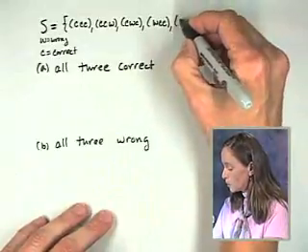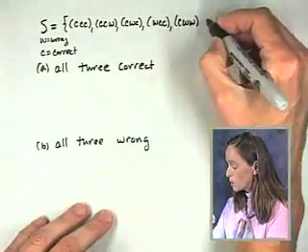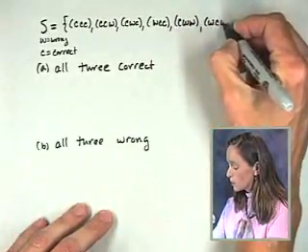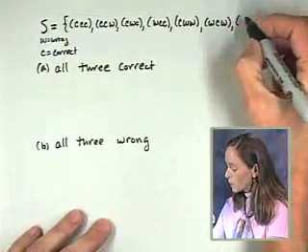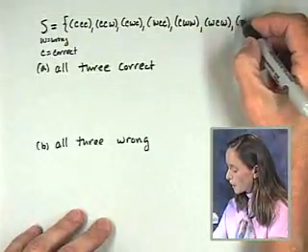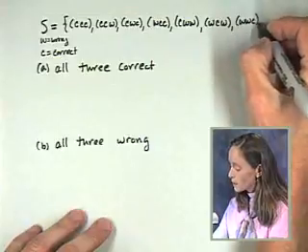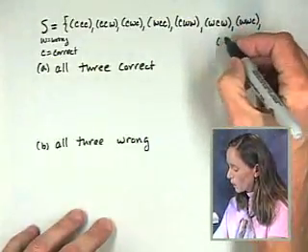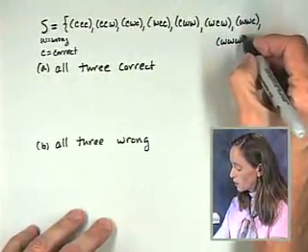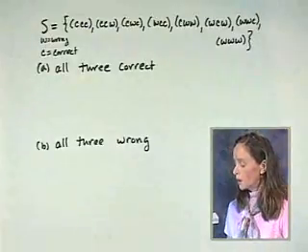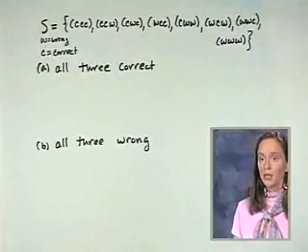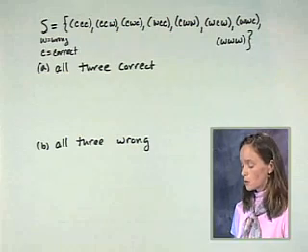Continuing, it could be correct, wrong, wrong, or wrong, correct, wrong, or wrong, wrong, correct, and finally, I'll write the final result here, wrong, wrong, wrong. Here's our sample space.